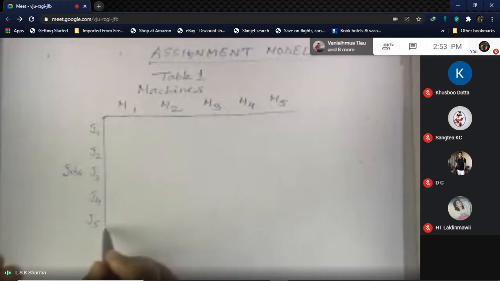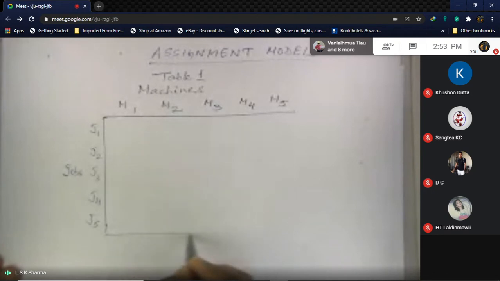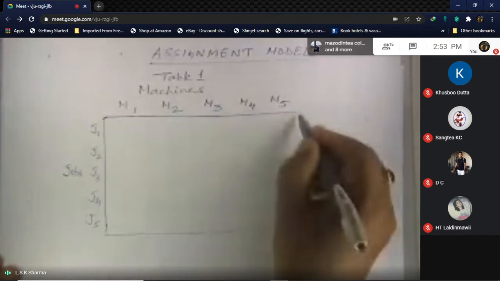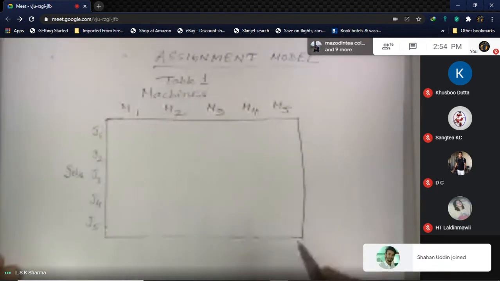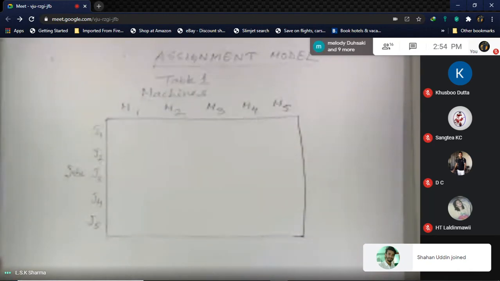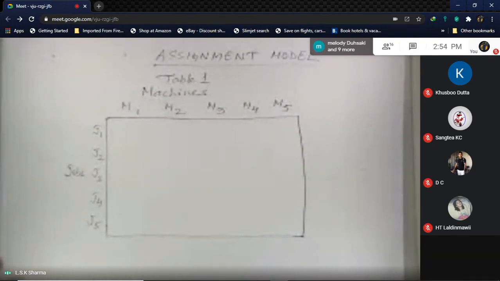Each job must be done by one machine only. And what is given out here is the cost of processing each job on each machine.